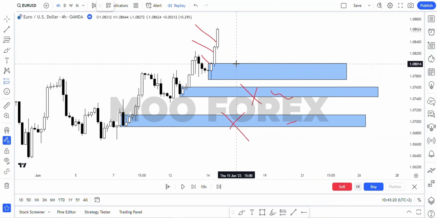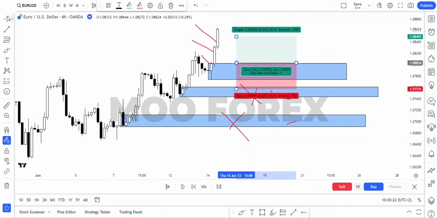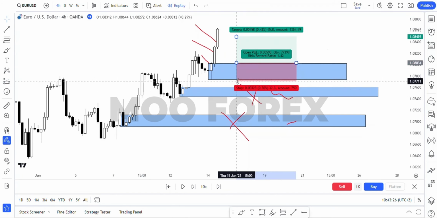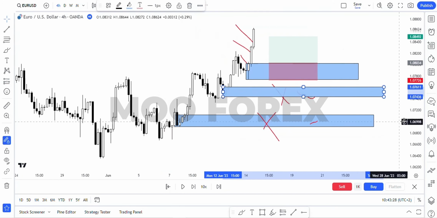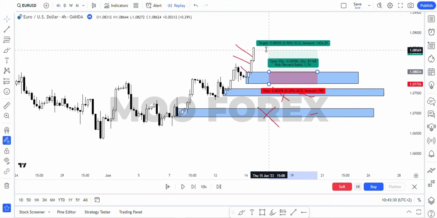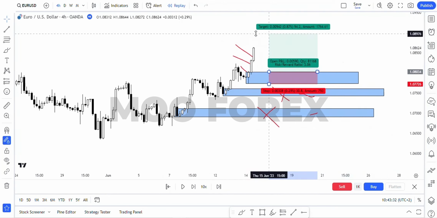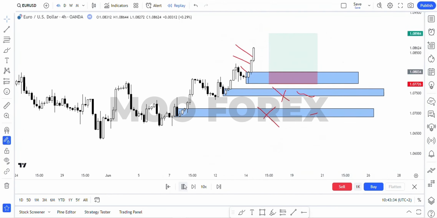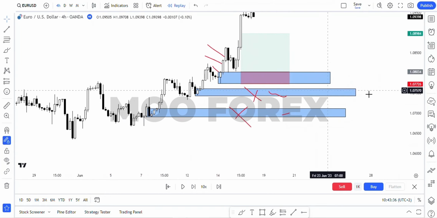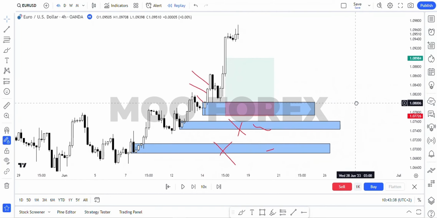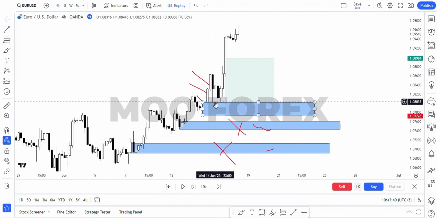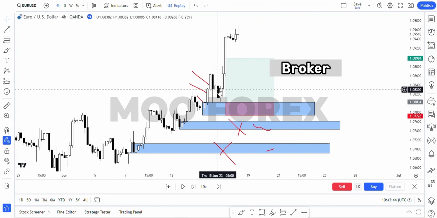You have to work with recent levels of fresh supply or demand. So if we place an order here, we can go for 3%. Yeah, you see, my trade was executed because I use a good broker. It's a zero spread broker on EURUSD.